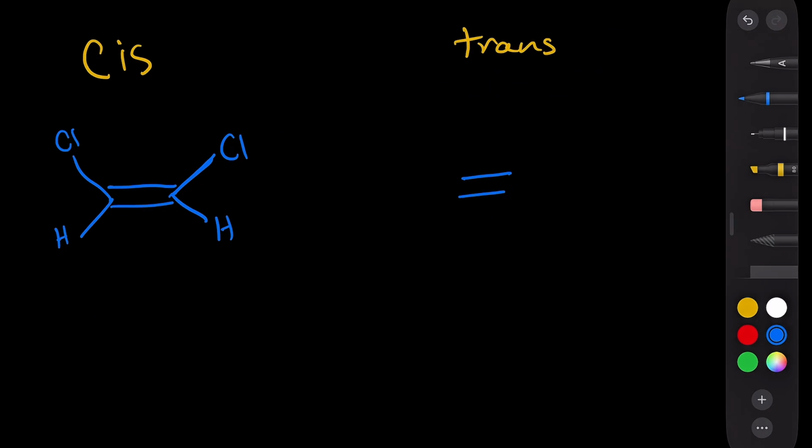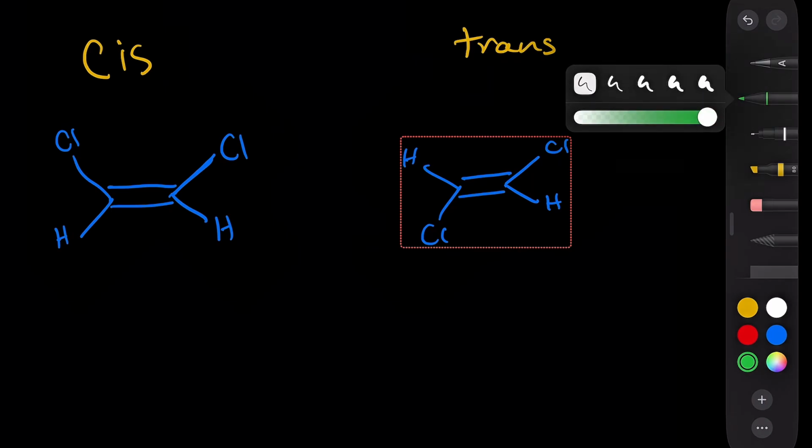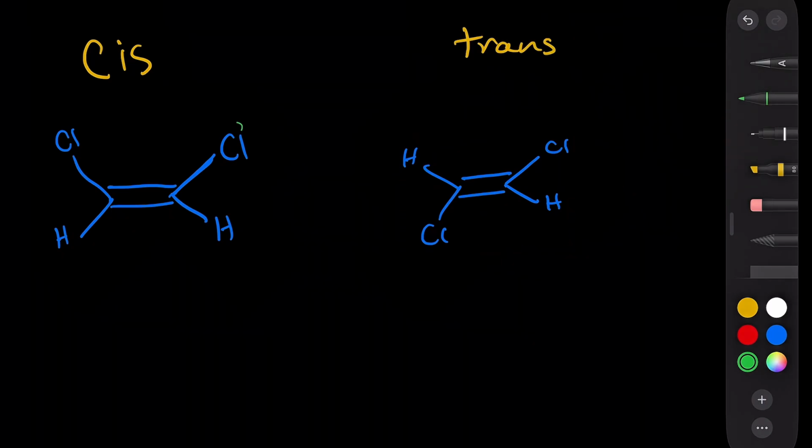So we're going to go here, Cl, H, Cl, H. The difference between these two is pretty obvious, right? Let's look at the chlorines here: they are on the same side in this situation, but on opposite sides in this situation.